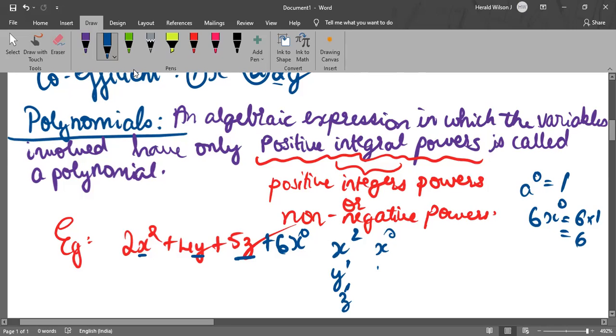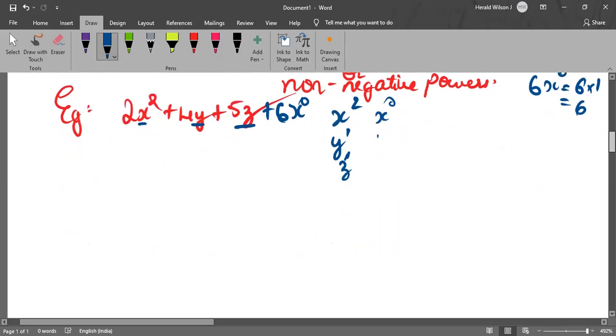Therefore, we can say that this is a polynomial. Clear? Did you understand? An algebraic expression in which the variables have only positive integers as their power is called a polynomial. Understood what is a polynomial?